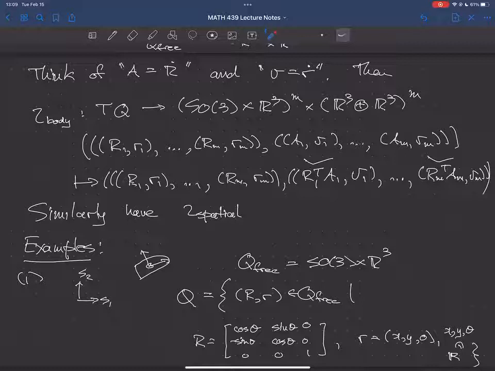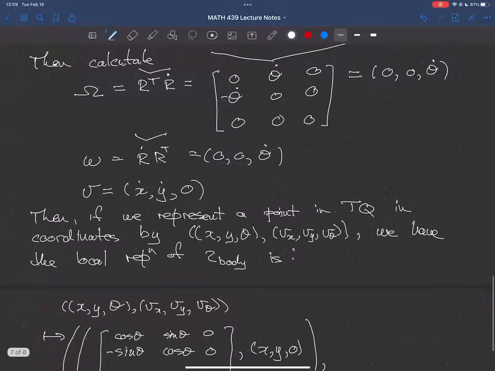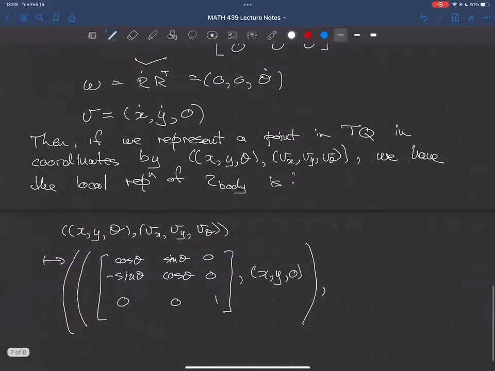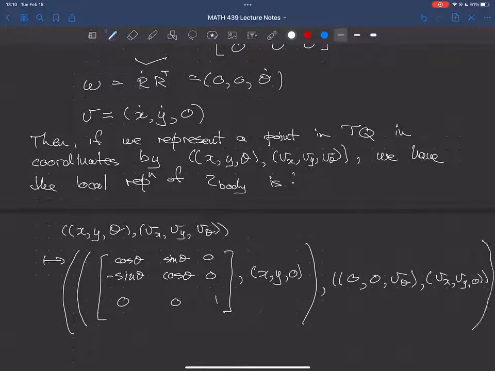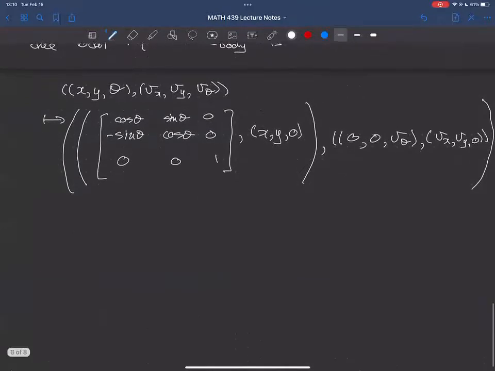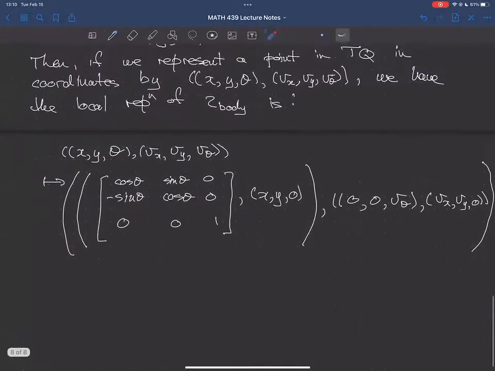So I'm going to write down now the two vectors in R3, the body angular velocity as a vector in R3, which looks like this: 0, 0, V theta, that's the angular velocity. And then the translational velocity is Vx, Vy, 0.